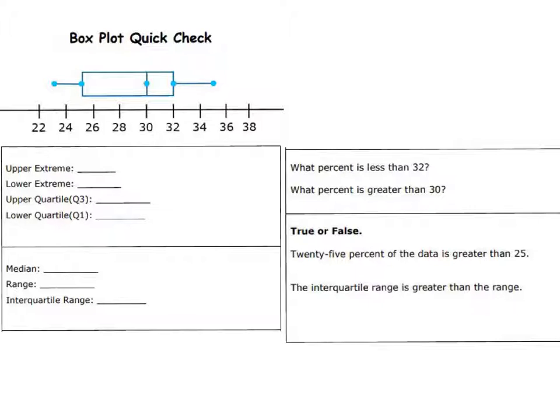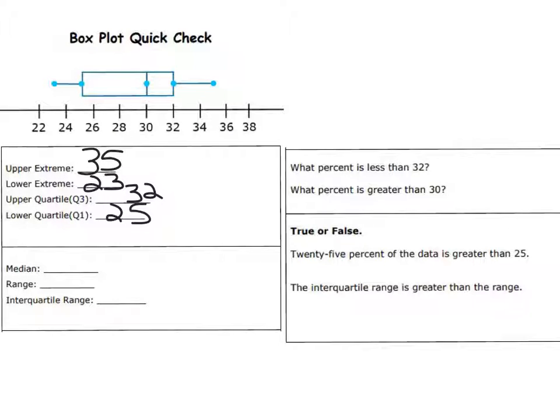So upper extreme would be what? Oh, wait, 35. Lower extreme? 23. Upper quartile? 32. And lower quartile? 25. Okay.